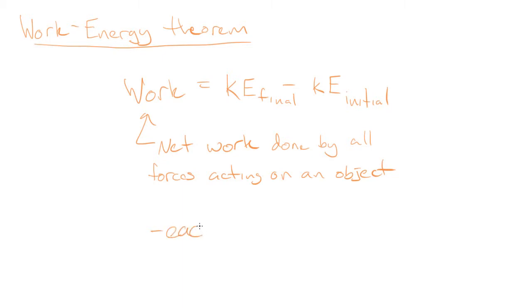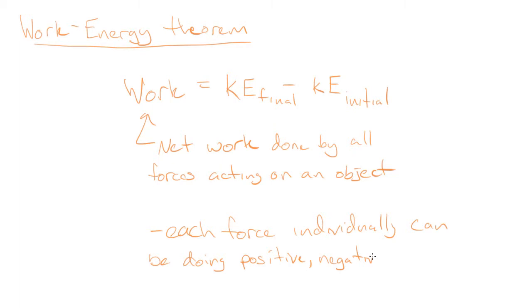And in this case, each force individually can be doing positive work, can be doing negative work, or it could be doing zero work. It just depends on the force and how it relates to the direction of motion and things like that.